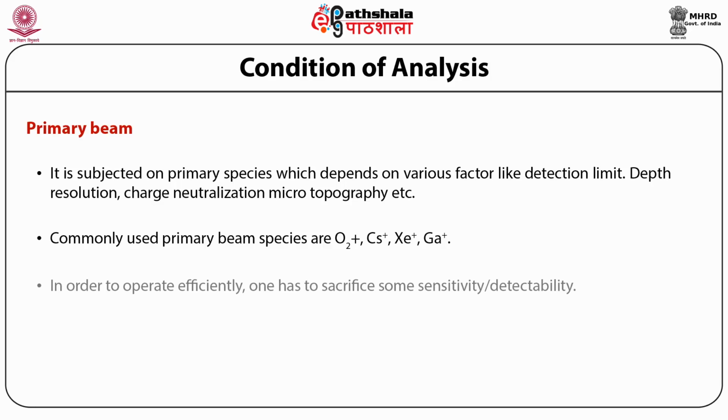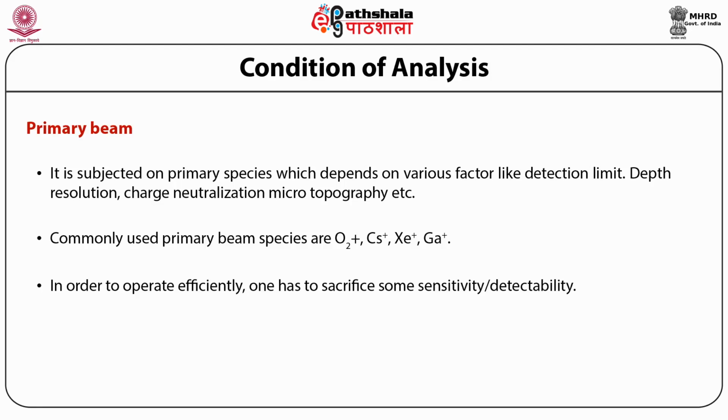In order to operate efficiently, one has to sacrifice some sensitivity or detectability. If you operate more efficiently, the sensitivity or detectability limit goes down. And if the limit has to be kept at a very low level, then the operating efficiency may have to be compromised.